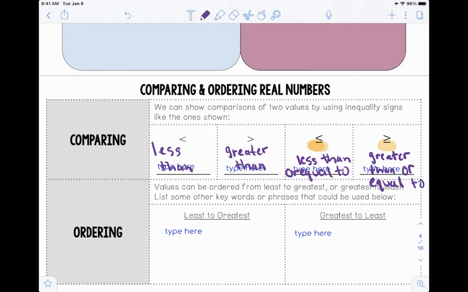So words that might represent least to greatest, ascending, increasing, and if you're going from the minimum to max.